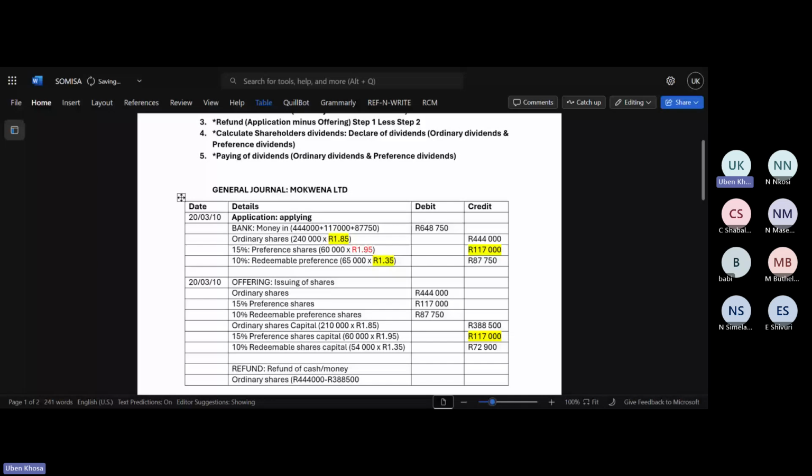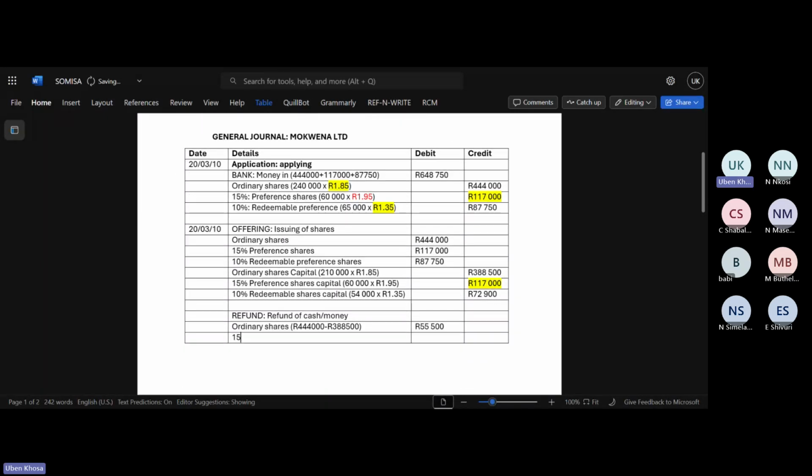So we must refund the difference. 444,000 minus 388,500 is 55,500. For the second one, the 15% preference share, 117,000 minus 117,000, refund is 0. You can see they applied for 117,000 and we gave them exactly 117,000. So no need for that.